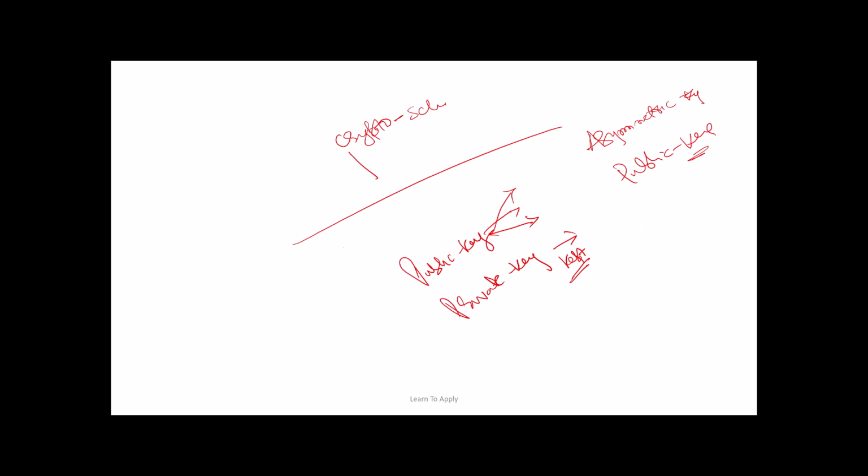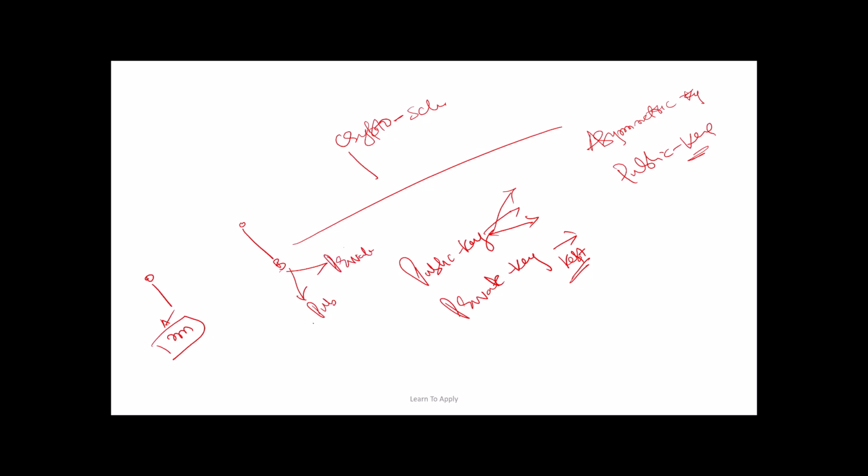If we look at a simple example where A wants to transmit message M to B: A wants to send something to B. If B intends to receive some message M from A, B will create two keys, one public key and another private key.